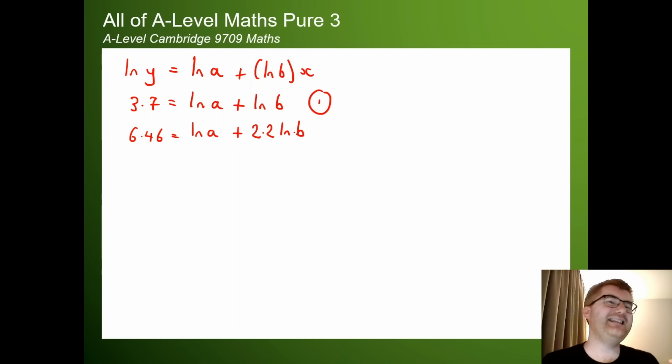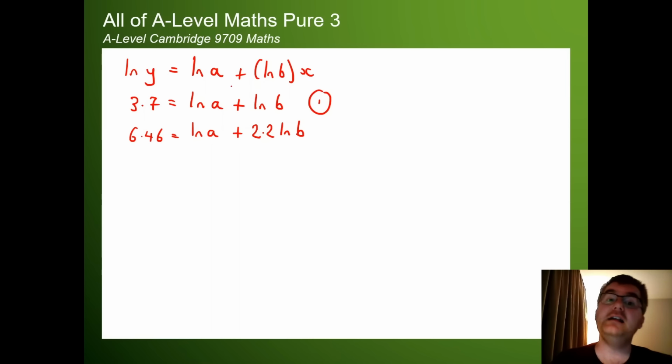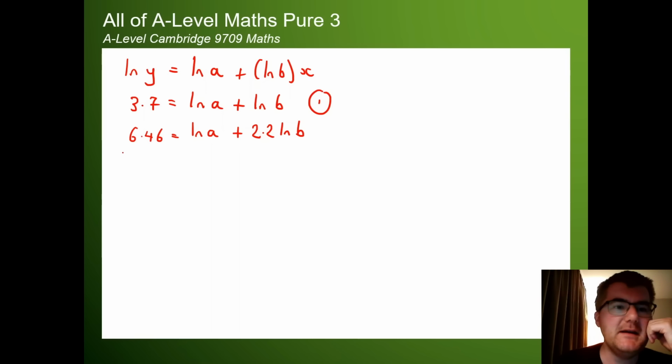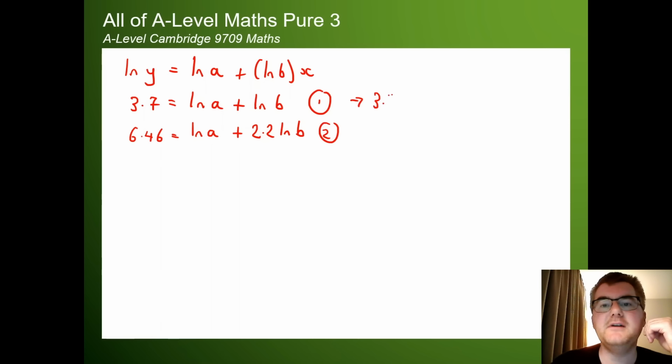So essentially here they're really testing your log skills and making sure you can solve these kinds of equations for a and b. Now, the key technique with logs generally speaking is we want one log on one side before we then try and raise both sides with e. So if we take equation 1 here, we can rewrite this as 3.7 equals the natural log of ab.